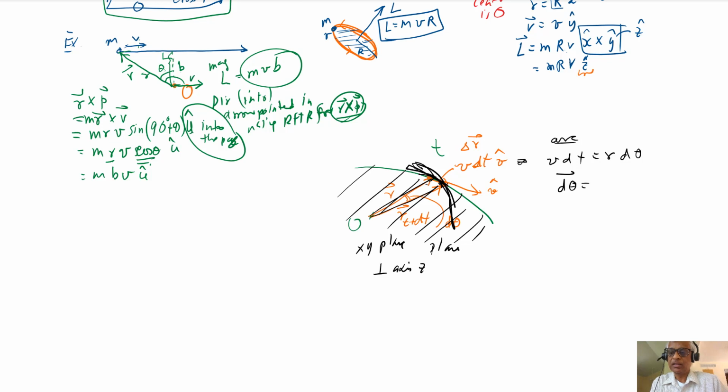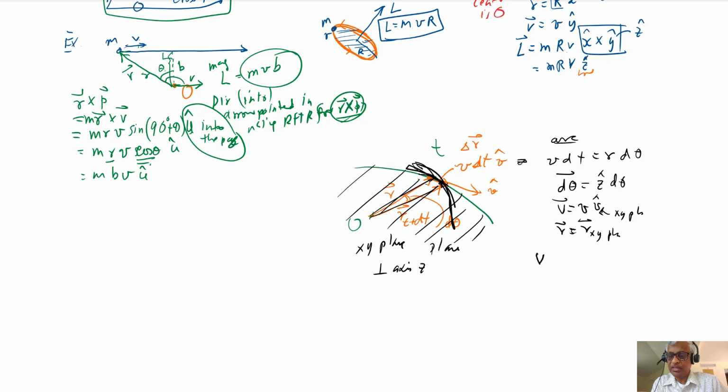So this will be like a z hat d theta defined like that, and v is in the v hat direction, which is in the xy plane, and r is also in the xy plane.